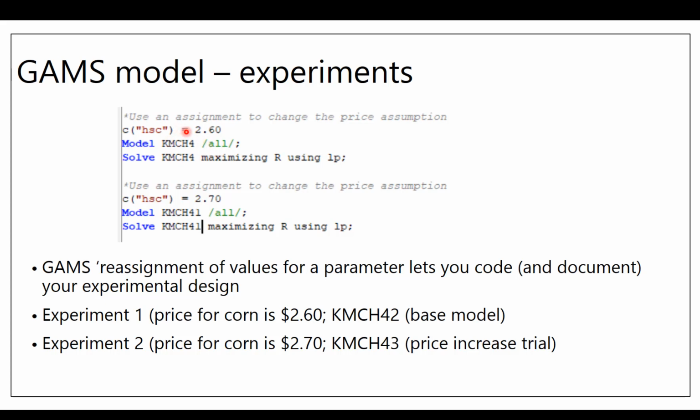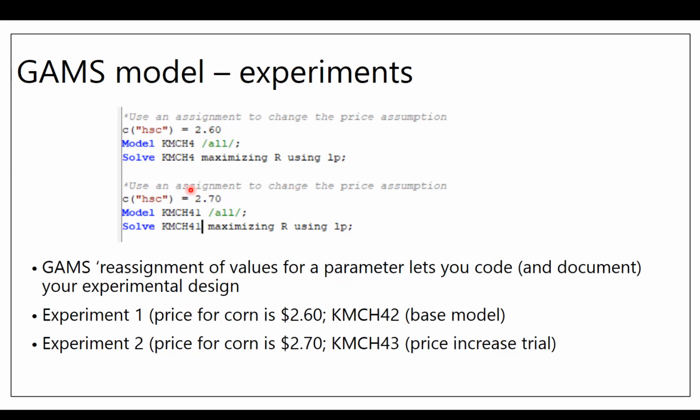The model now uses that value for the price in all of the equations that I'm using, and then it runs the maximization, gives us the solution, and then down here I want to make a change to the price assumption. So the objective coefficient C for harvest sale of corn is now 270, so a 10-cent increase in the price. GAMS reassigns those values, now reads in all the equations and solves.